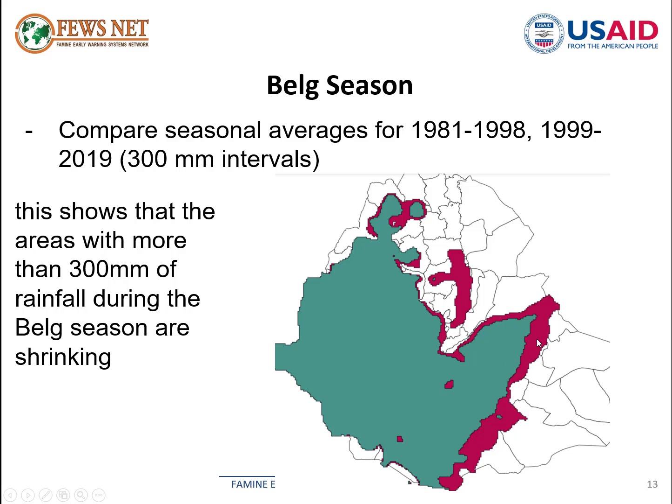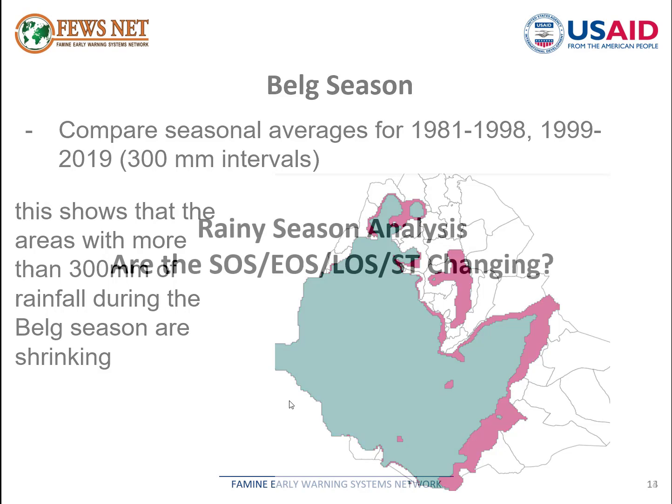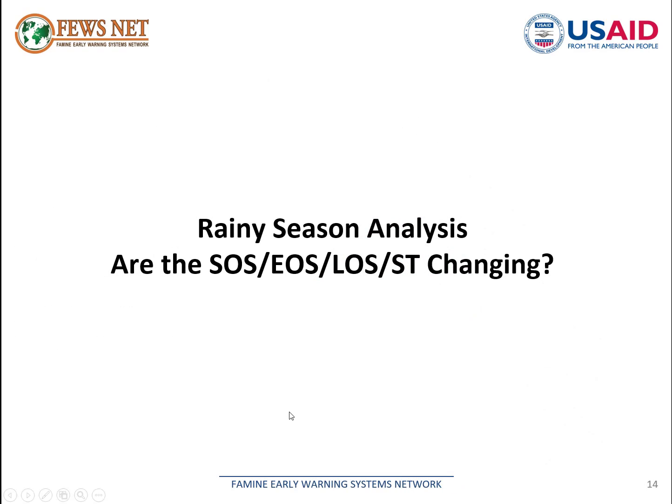In this map, we are putting together the red area, which is the 1981 to 98, and the green area, which is the 99 to 2019 average rainfall. So we see how much it has shrunk. This is a way to look at this, just to get an idea if there have been any changes.